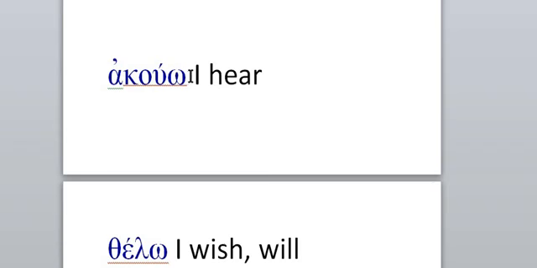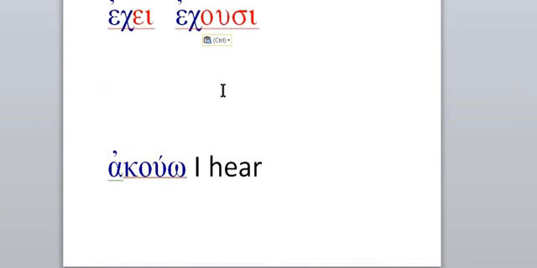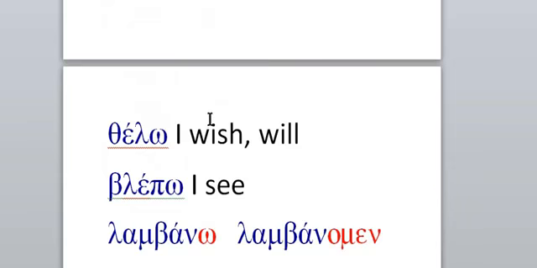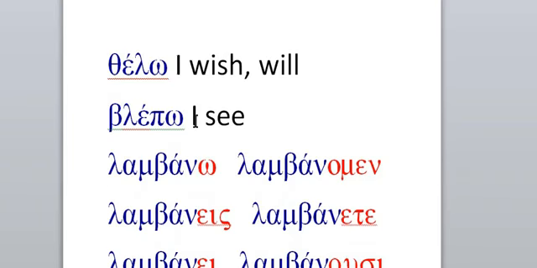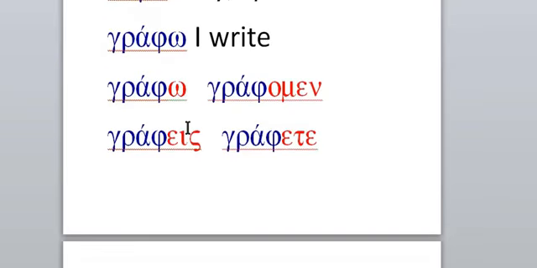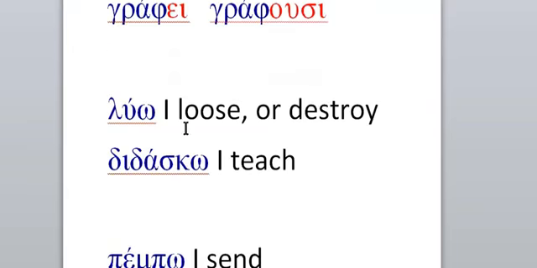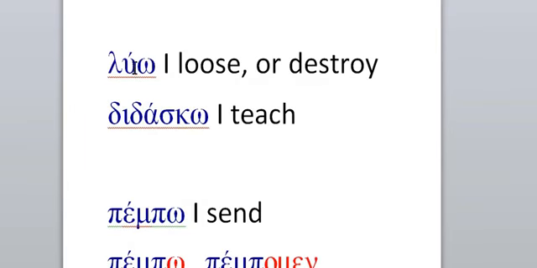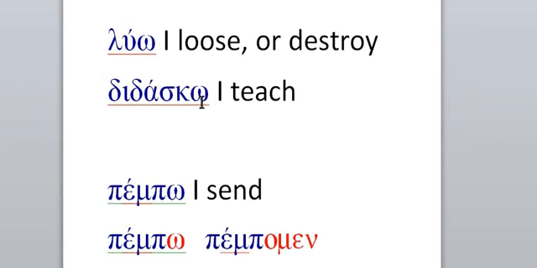Akuo, akuo, akuo. Okay. So I will give you the list of the words that you have to write. I think that will be easier than you choosing the words. Luo also same thing. Luo, luomen, luete, luei, luosi.